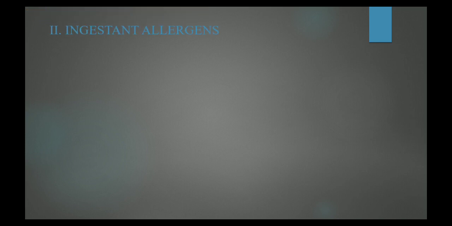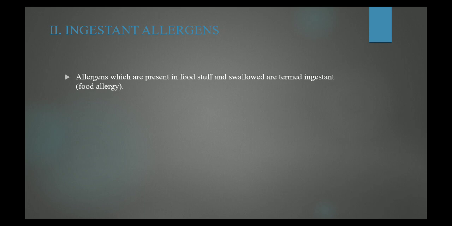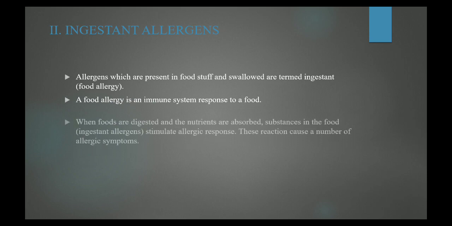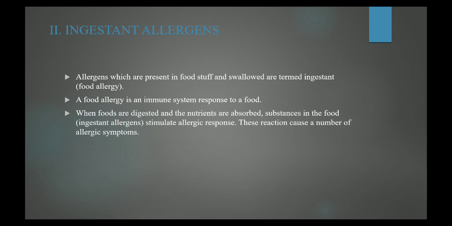Then second is ingestant allergens. Allergens which are present in foodstuff and drugs are termed ingestants. Food allergy is an immune system response to a food. When the foods are digested and the nutrients are absorbed, substances in the food, called ingestant allergens, stimulate an allergic response.